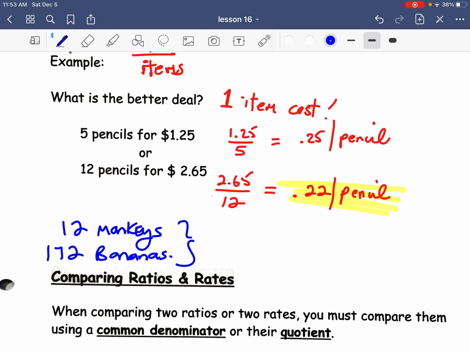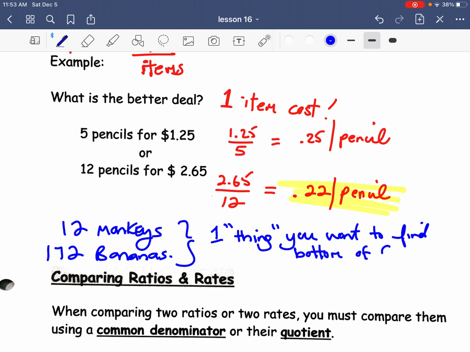So my trick is the one thing you want to find, put on the bottom of the fraction and divide.